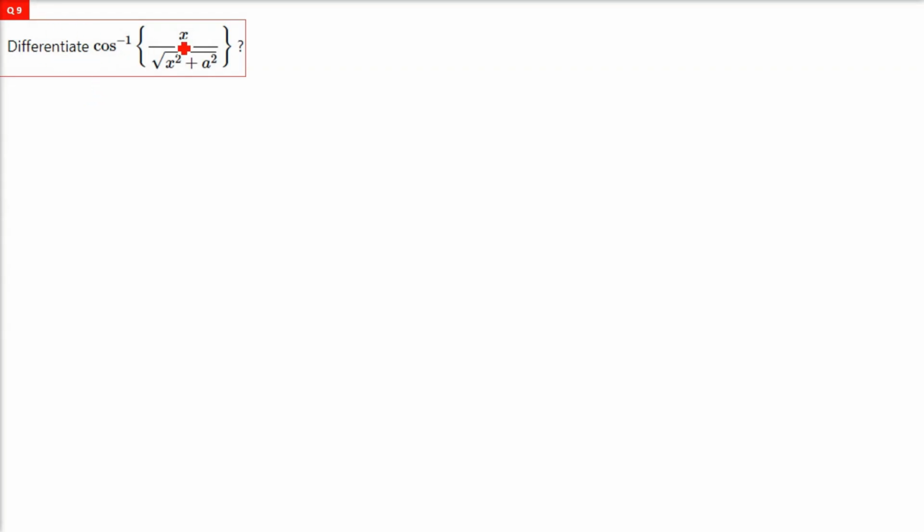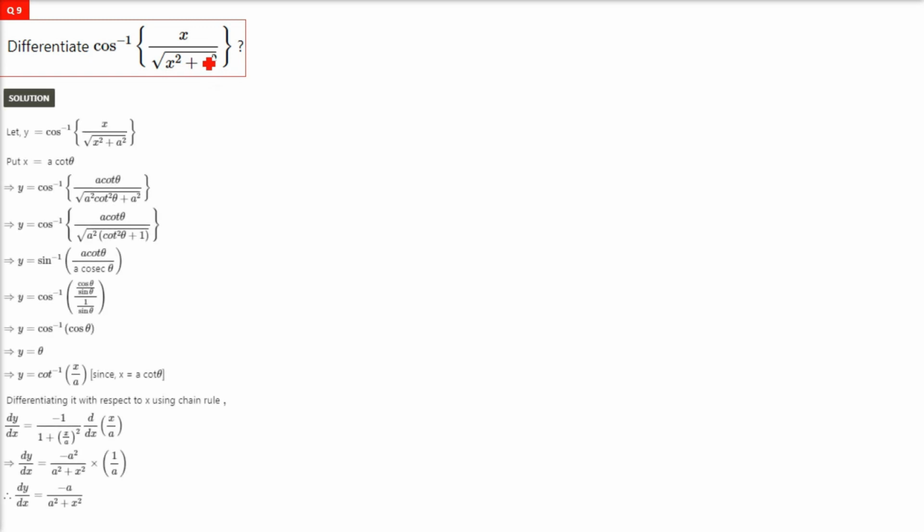Differentiate cos inverse of x by under root x square plus a square. Wherever x square plus a square appears, we have seen so many questions. We have already placed x as a tan theta and a cot theta, like that. Here, because we need cos inverse, something so that we can cancel it out with cos inverse, we put x equals a cot theta.